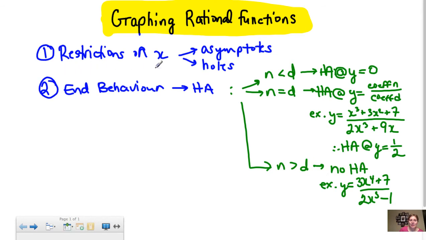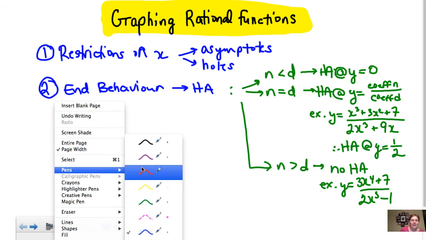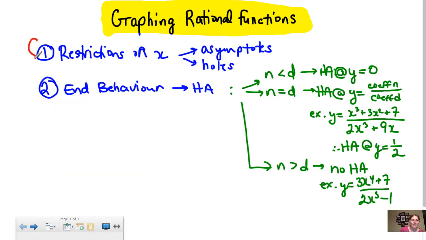We need to know the restrictions on x and the end behavior. And what these two things are going to do for us when I calculate them is set up what we call our fences. The third thing we need to know are some points.